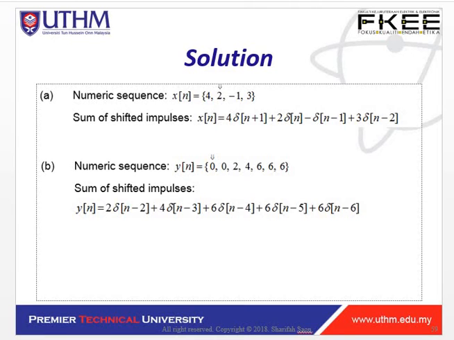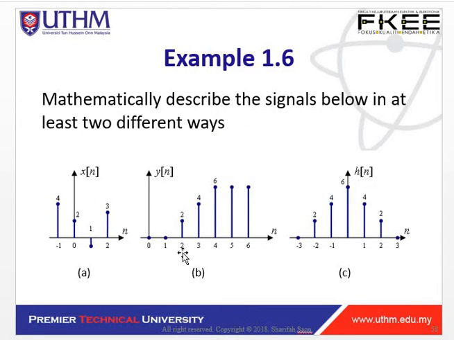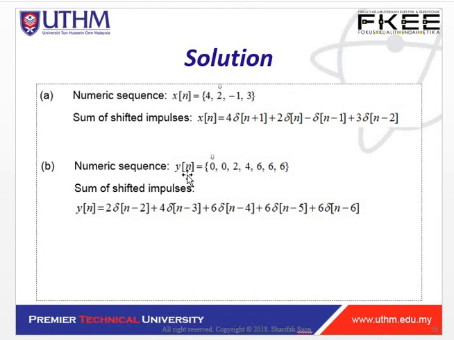Then question 2, you have y[n] equal to 0, 0, 2, 4, 6, 6, 6. The origin is at 0 with 0. For the sum of the shifted impulse, the first values are 0, so there's no value, but it starts from here.